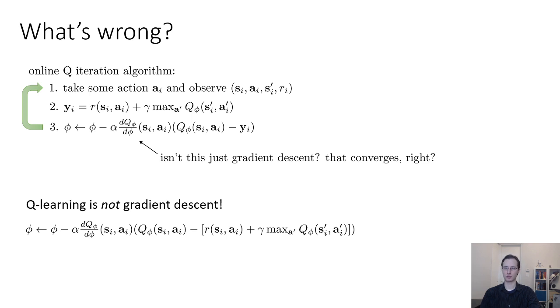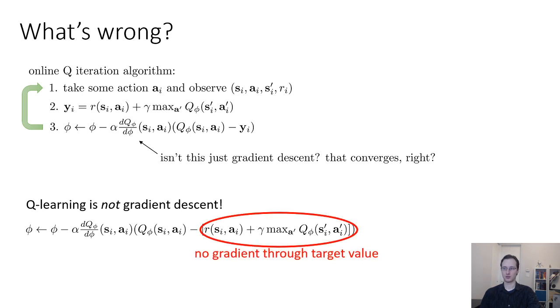If you were to substitute in the equation for Yi, you would see that Q phi shows up in two places, but there is no gradient through the second term. So this is not properly applying the chain rule. We could properly apply the chain rule, and then we get a class of methods called residual gradient algorithms. Unfortunately, such algorithms tend to work very poorly in practice because of very severe numerical ill-conditioning problems.